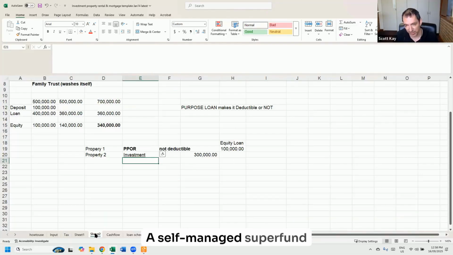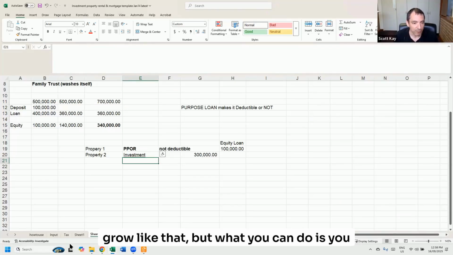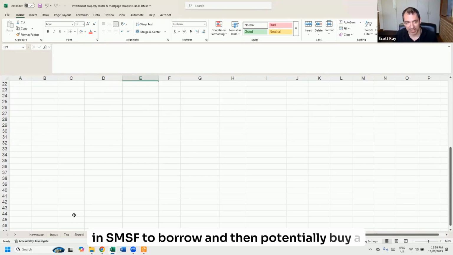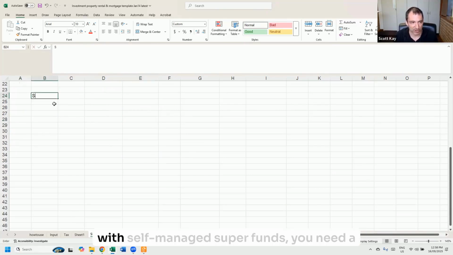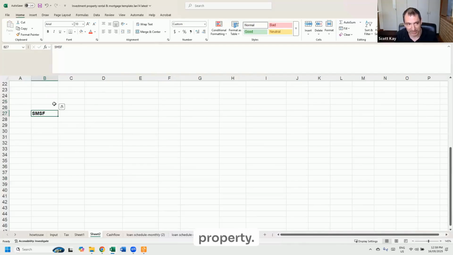With a self-managed super fund, you can't necessarily borrow off equity and grow like that, but what you can potentially do is use your retirement money in an SMSF to borrow and then buy a property. You need a self-managed super fund to invest in direct property.